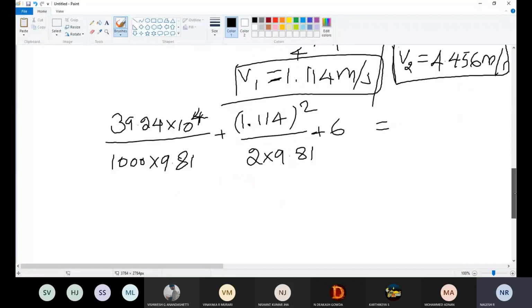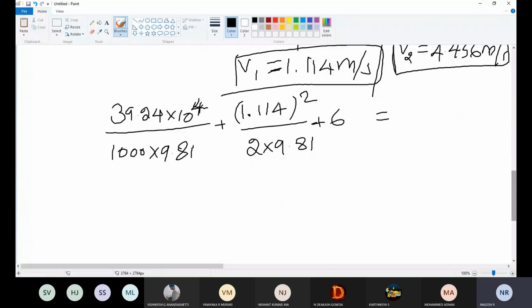I don't know what is the value of P2, so I will just write it here itself.